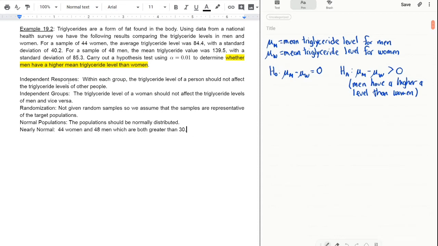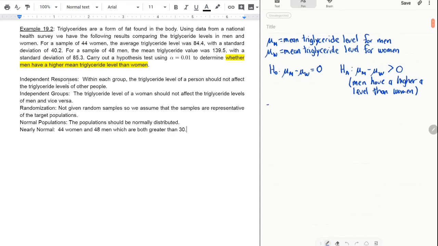So now the next step is to find our test statistic. The test statistic is calculated by taking the sample average for the men minus the sample average for women.